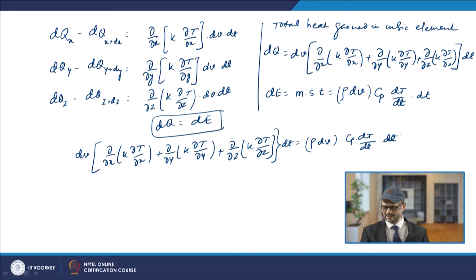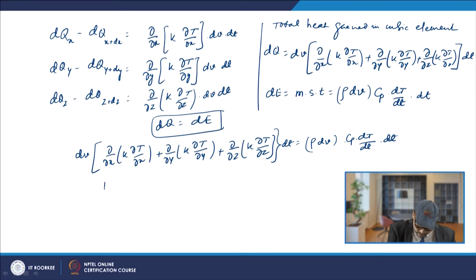If you take k as uniform in all the directions, if k becomes constant, then k will come out, and the dV will also be cancelled.